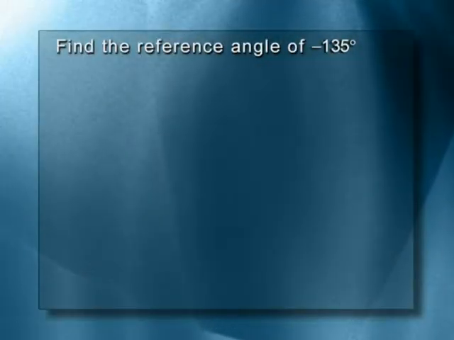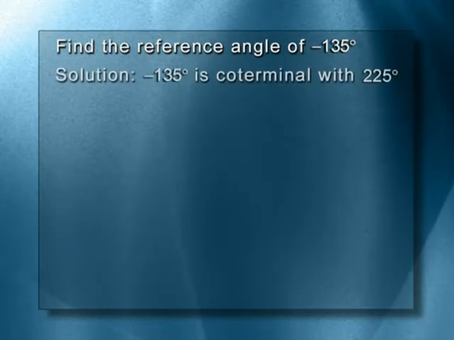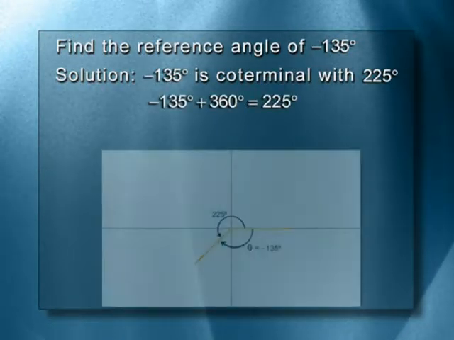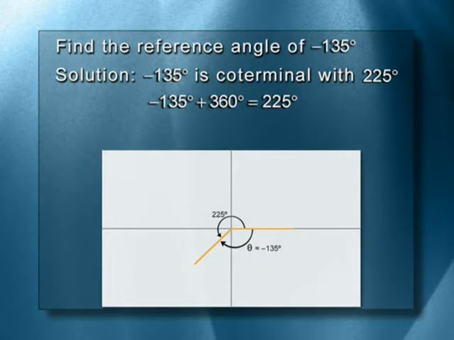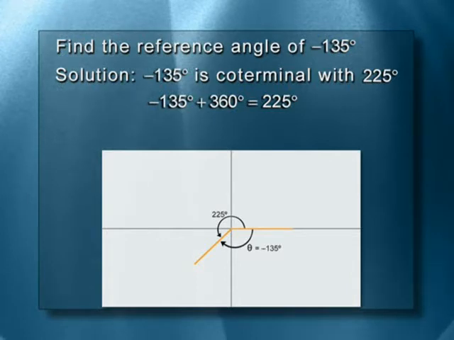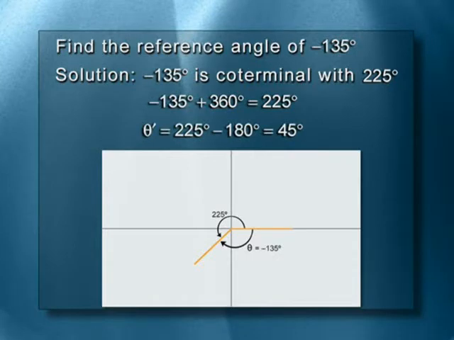First of all, minus 135 is coterminal with 225. How do I get that? Add 360, meaning go around the circle one more time, and you end up at 360 minus 135 equals 225. So 225 is coterminal with minus 135. What's the reference angle? Well, take off 180 and you get 45 degrees.